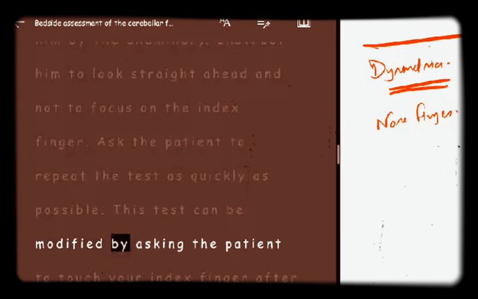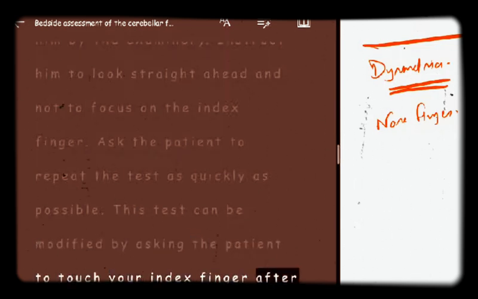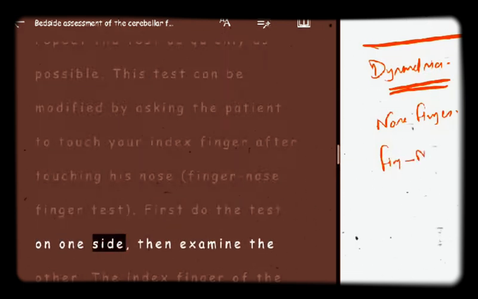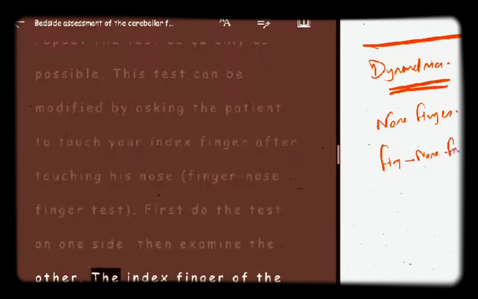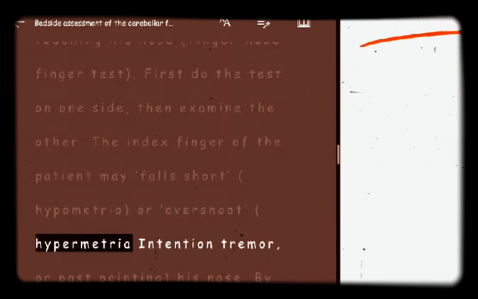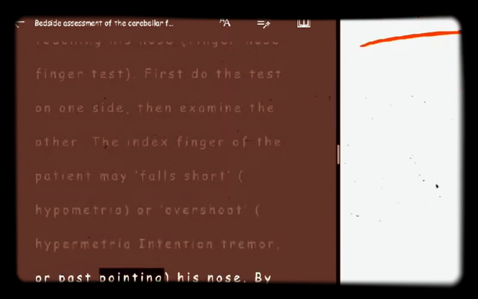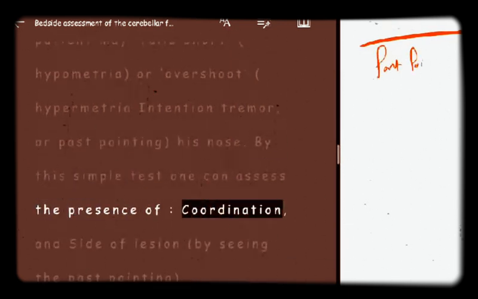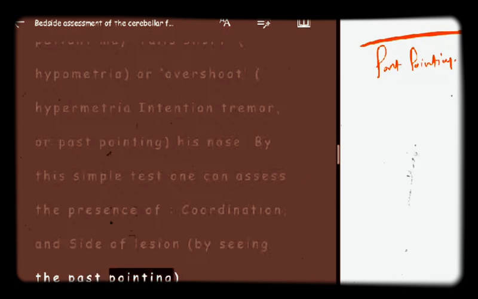This test can be modified by asking the patient to touch your index finger after touching his nose, finger-nose-finger test. First do the test on one side, then examine the other. The index finger of the patient may fall short, hypometria, or overshoot, hypermetria, intention tremor, or past pointing, his nose. By this simple test one can assess the presence of incoordination and site of lesion by seeing the past pointing.